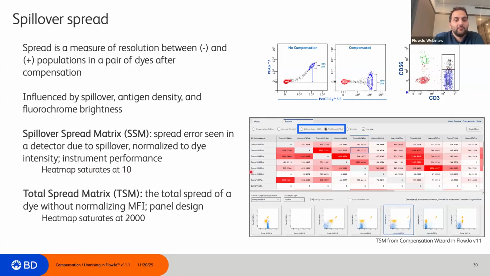Ideally you would have under 5 or low values in a good panel. You see anything like 10, it's worrying to me.